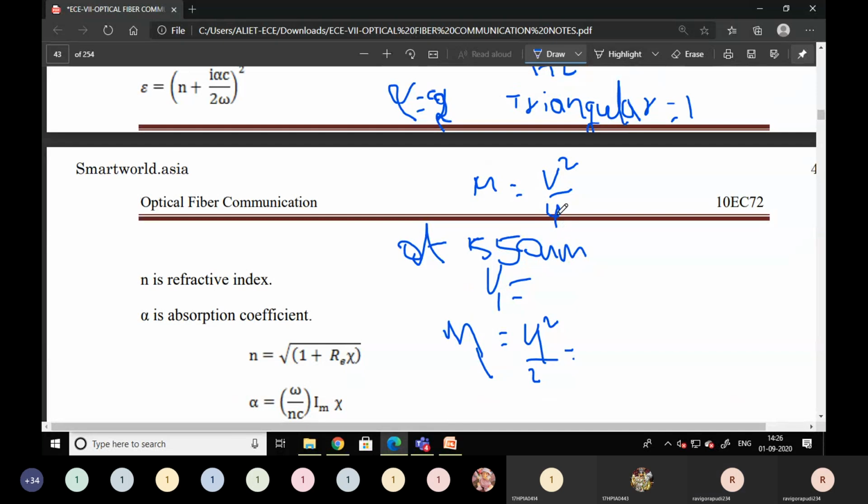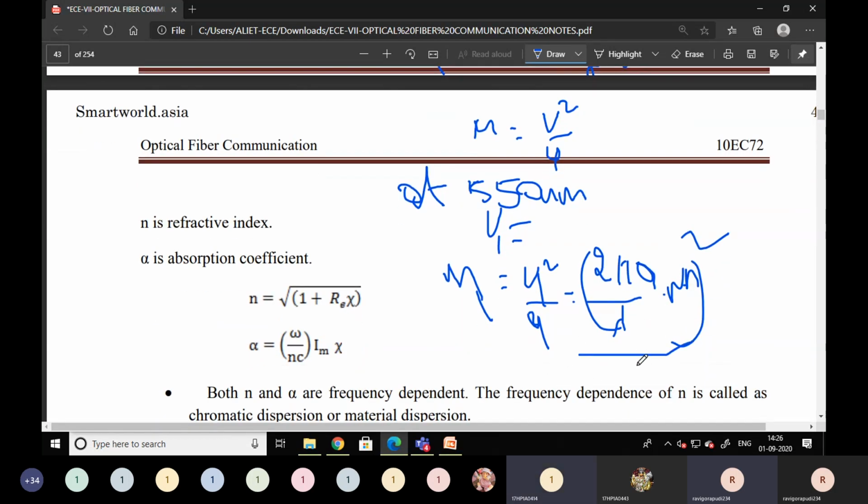V1 is 2 pi A by lambda into NA, whole square by 4. At 1550, you can substitute all these values and find out M1.